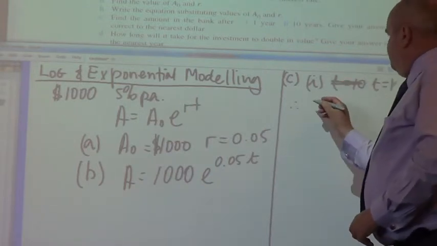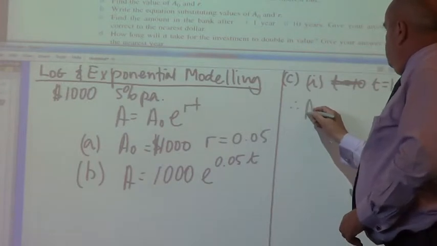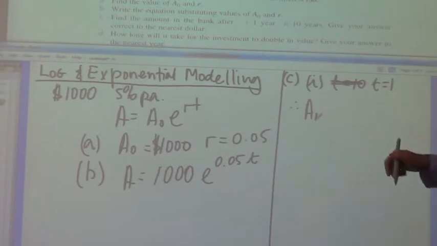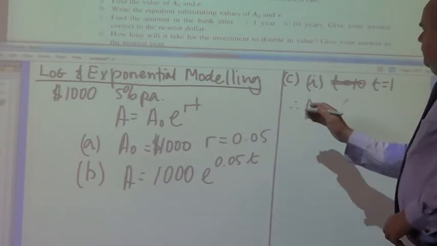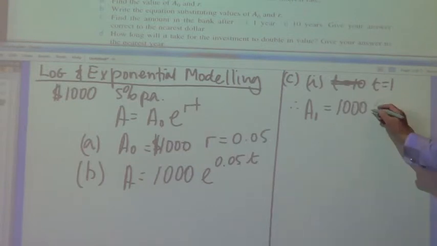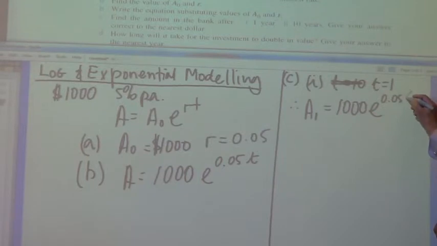Therefore, the amount after 1 year, I put the subscript 1 there, is equal to the initial amount, which is 1,000, e raised to the power of 0.05 times 1. But of course, that's not going to affect anything there.